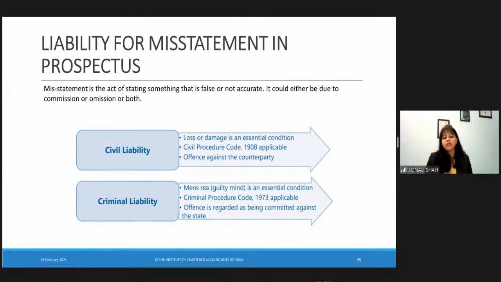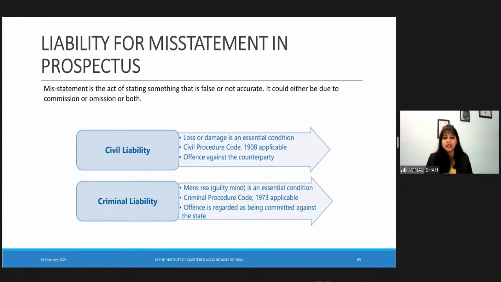Now, what if there is a misstatement in the prospectus? If there is a misstatement, there is a criminal liability also, and there is a civil liability also. So what is the criminal liability and what is the civil liability?